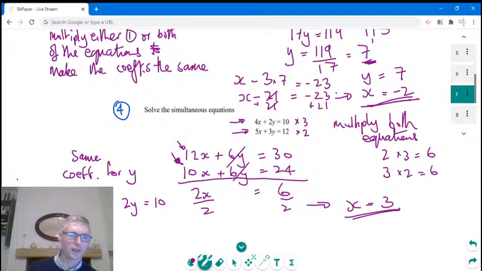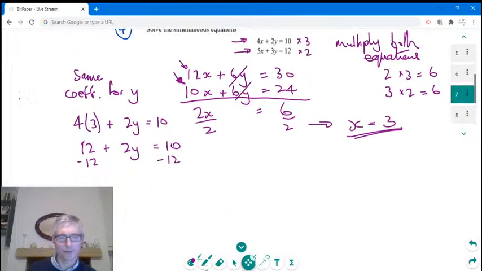So now what we're going to get is 4 times 3 is 12 plus 2y equals 10. So now I'm going to take away 12 from both sides and move the board up a little. So that will give me that 2y equals minus 2, and if I divide both sides by 2, I'll get y is equal to minus 1.